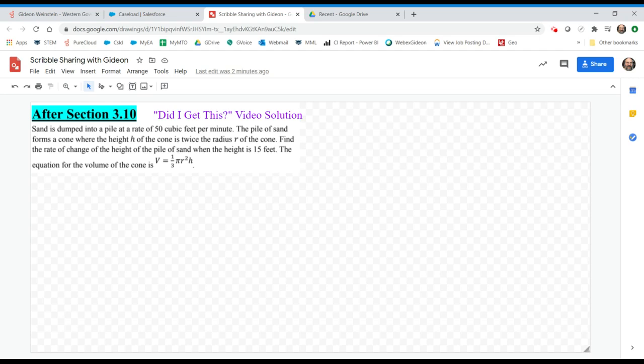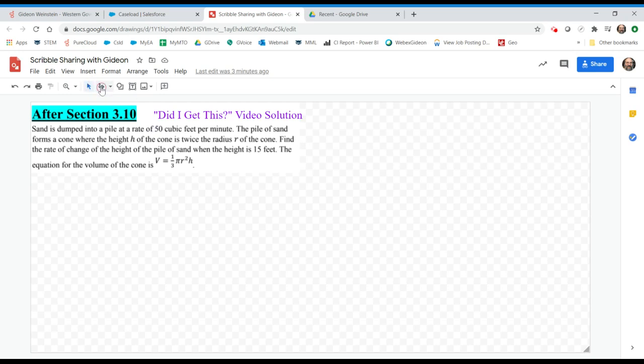The second time, let's pay closer attention and start verbally analyzing all those little details that we saw in the first read through. Sand is dumped into a pile at a rate of 50 cubic feet per minute.